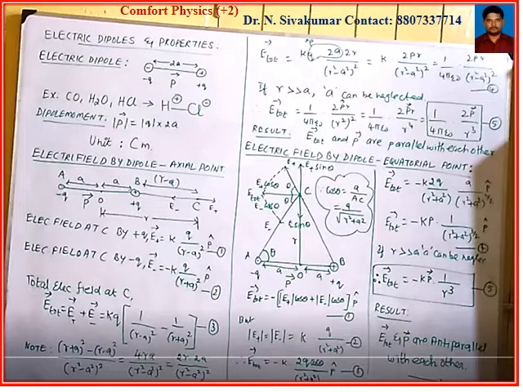Similarly, for the negative charge, one can resolve these two components, that is E minus sin theta, E minus cos theta. Here E plus sin theta and E minus sin theta are acting along the same line and having opposite sign. Therefore, these two components, that is sin theta components, will cancel out each other. Therefore, at point C, the resultant electric field is due to the cos theta component, that is E cos theta component.